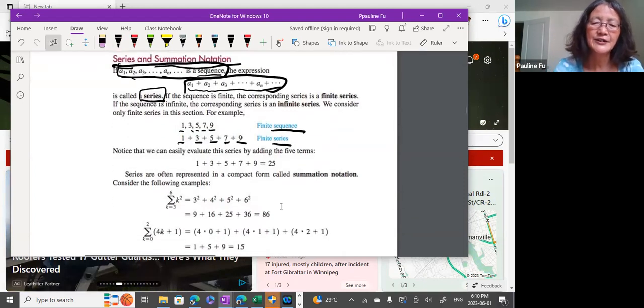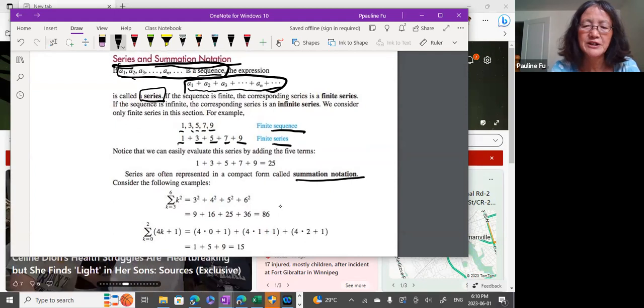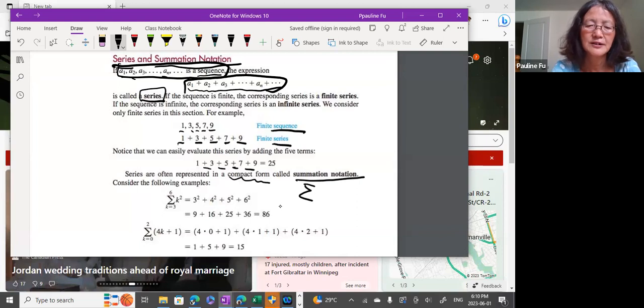And next, let's introduce summation notation. Summation notation is a compound form to represent addition. You see many additions here, so we use sigma. Sigma represents that you add all the items together.